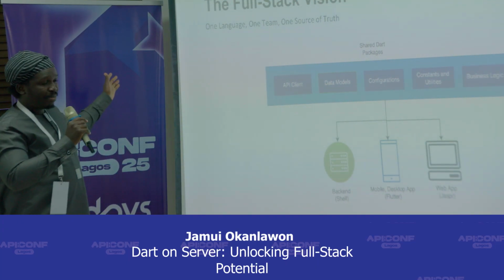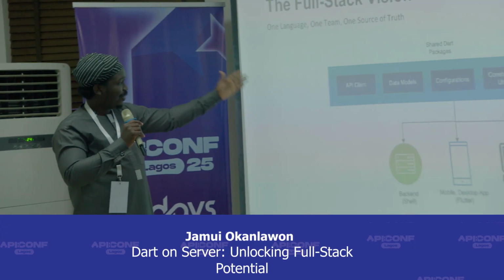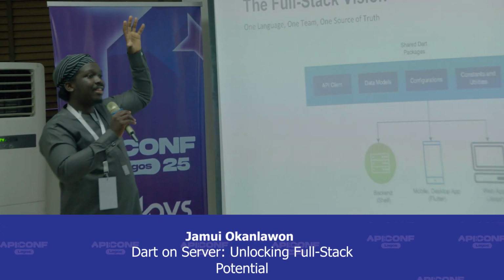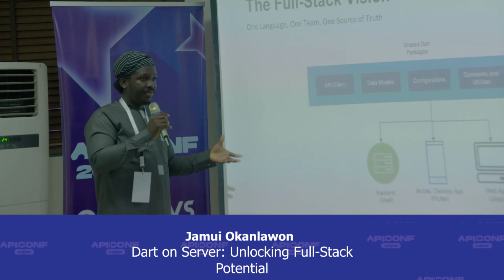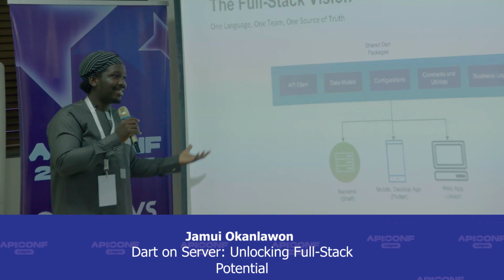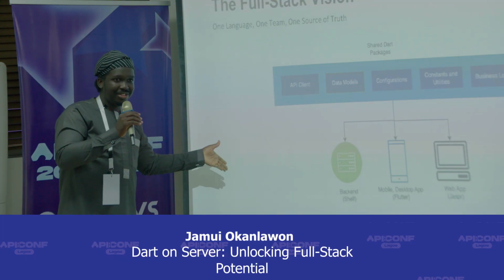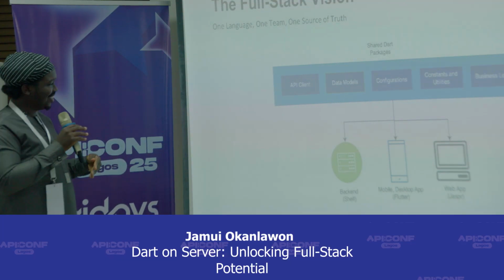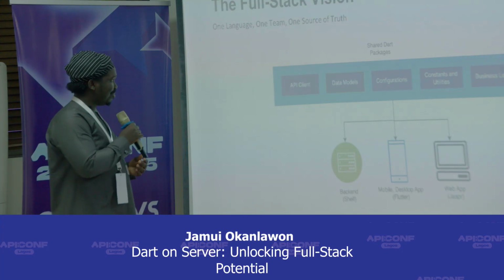You have a desktop app, your backend, your frontend, your web app, your landing page, the entire thing, all written in Dart, right? I think that is only possible in Dart and a couple of other languages, like JavaScript, but without the type safety, right? Next slide, please.